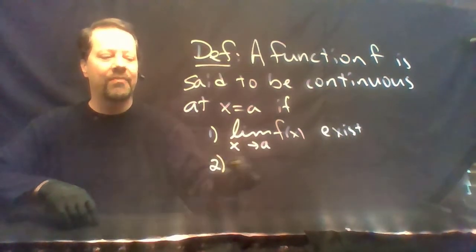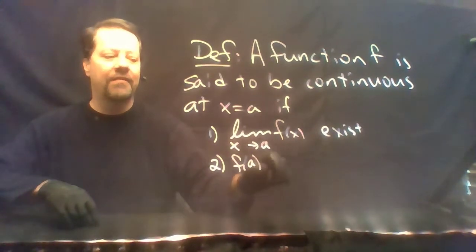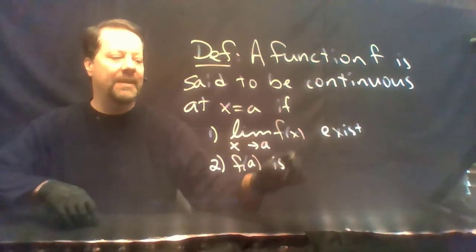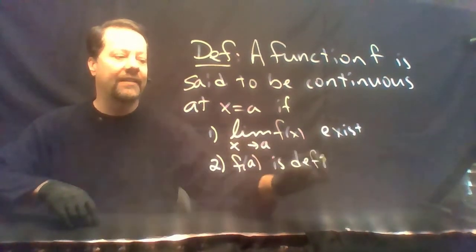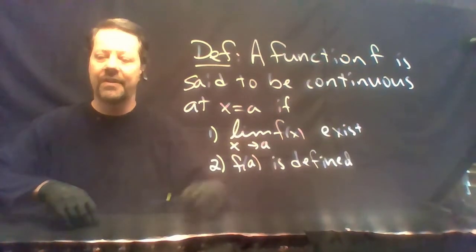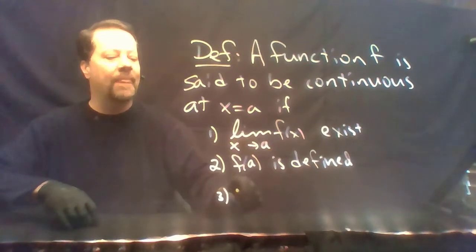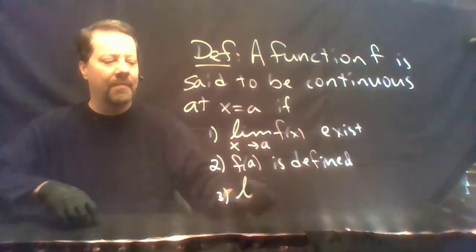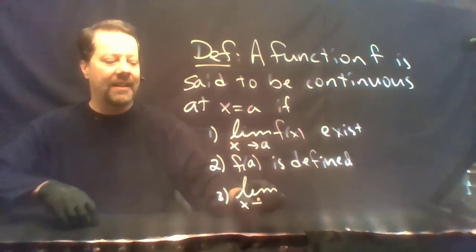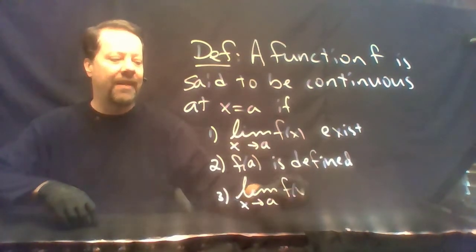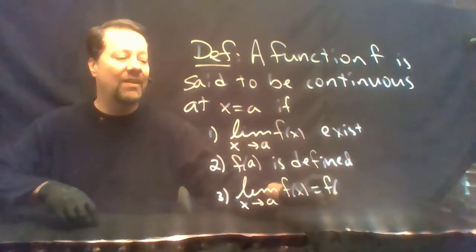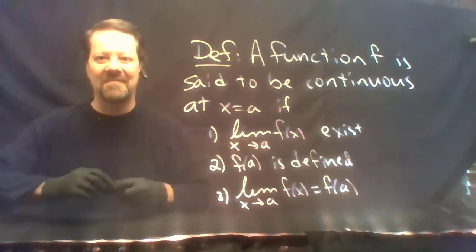Second, the function value must be defined. So the function actually has to produce an output at x equals a. And thirdly, the limit as x goes to a of f of x must equal f of a.